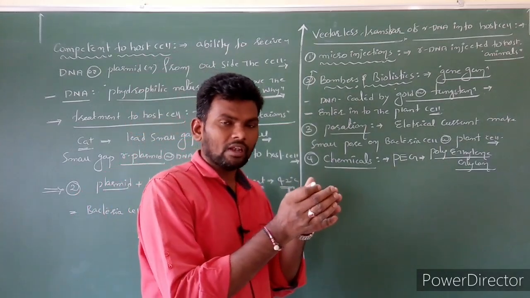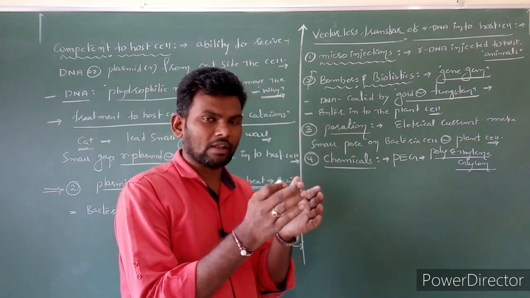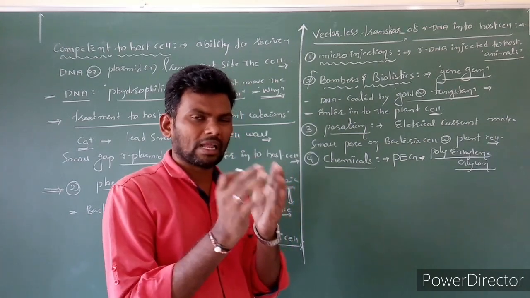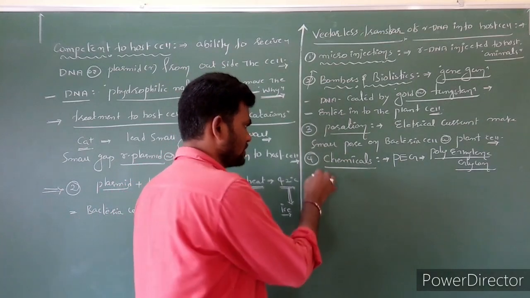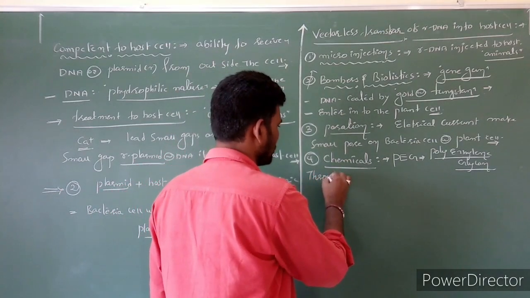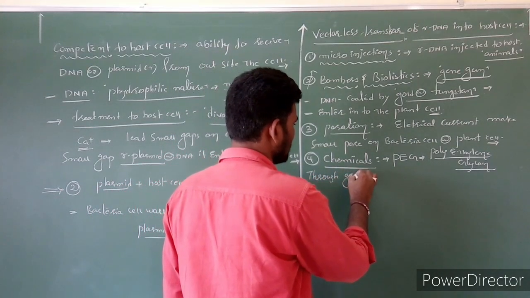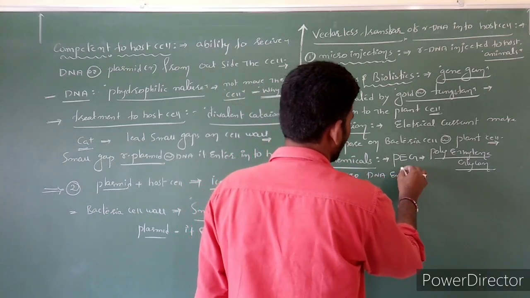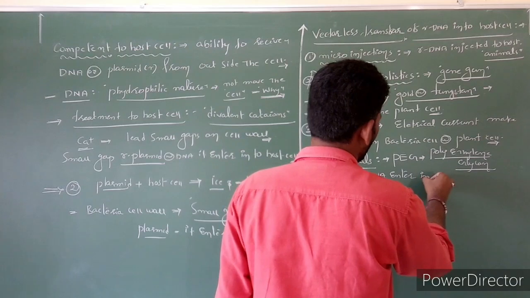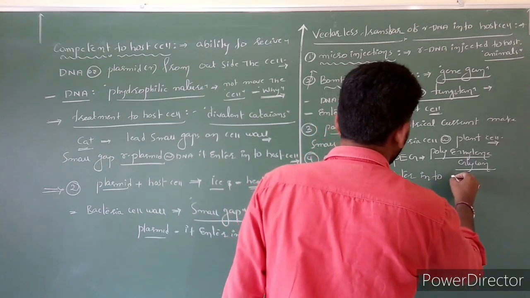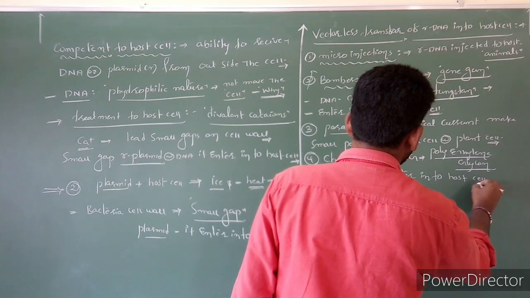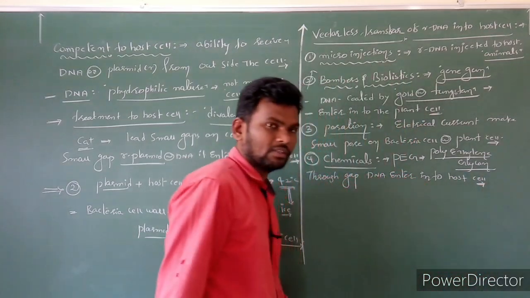When using this chemical, the host cell wall is going to cleave, and small gaps are going to form. Through these gaps, the desired DNA enters into the host cell. This is one more technique.